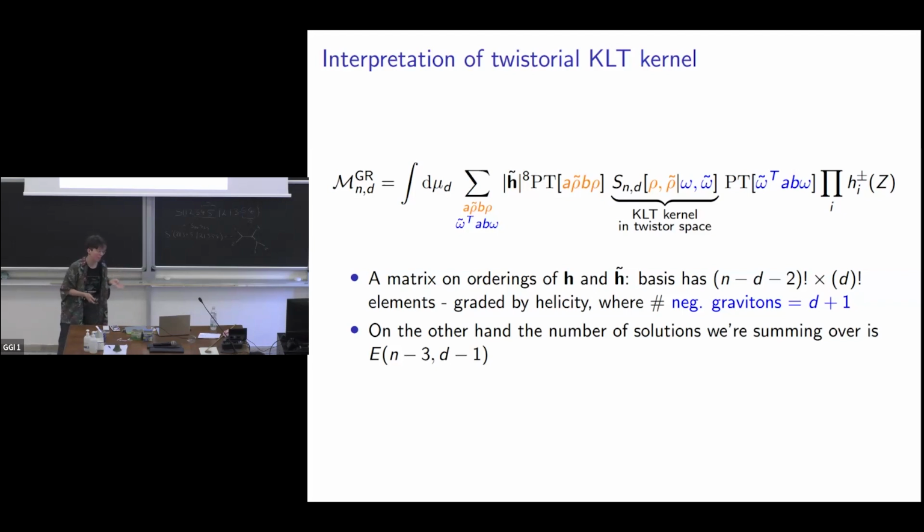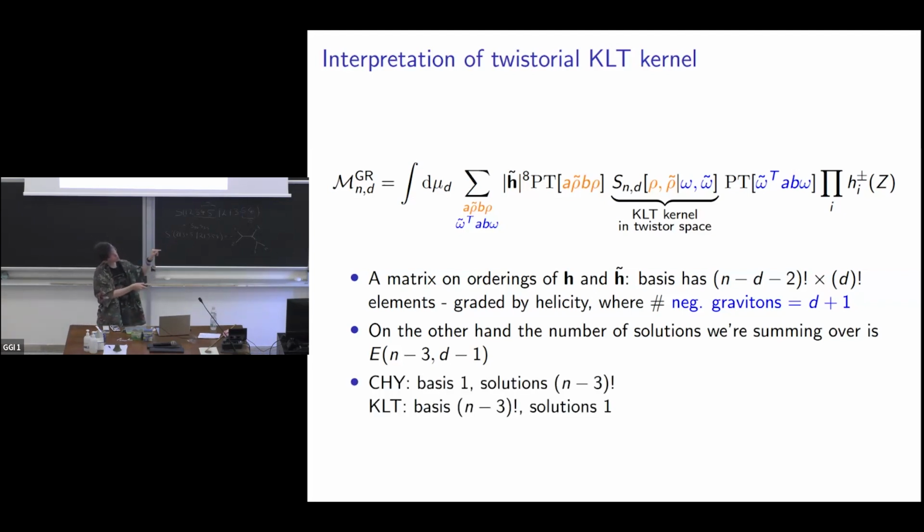But KLT had n-3 factorial basis elements, for example. But we kind of have to make up for this by summing over these solutions to the refined scattering equations, which are given by these Eulerian numbers. And these can get pretty big. Notably, when d equals 1, this just reduces to the usual KLT kernel.